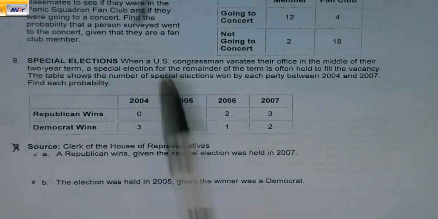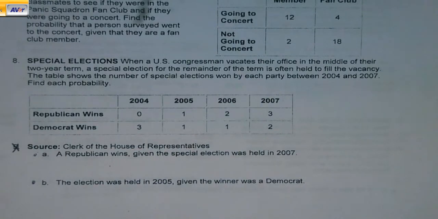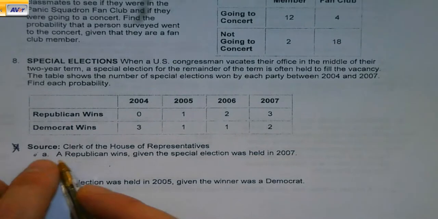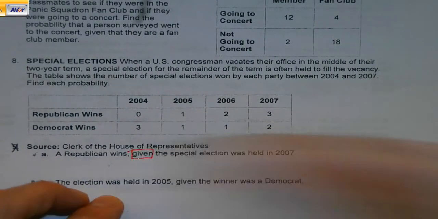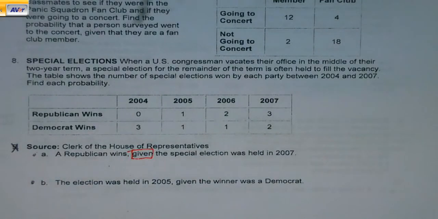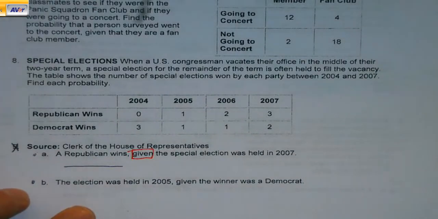When a U.S. congressman vacates their office in the middle of their 2-year term, a special election for the remainder of the term is often held to fill the vacancy. The table shows the number of special elections won by each party between 2004 and 2007. Find each probability. A Republican wins given the special election was held in 2007. So again, whether you write this out or you're just thinking about it mentally, this is the thought process.